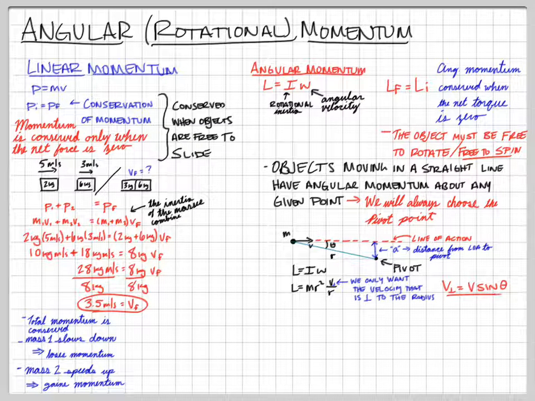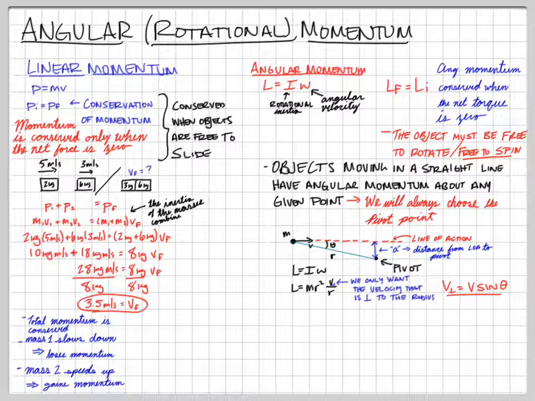The perpendicular part of the velocity, in this case, for the angle that we have, is the velocity times the sine of theta. And as we can see, as that mass gets closer and closer to the pivot point, more and more of that velocity becomes perpendicular. So the angular velocity part kind of grows.